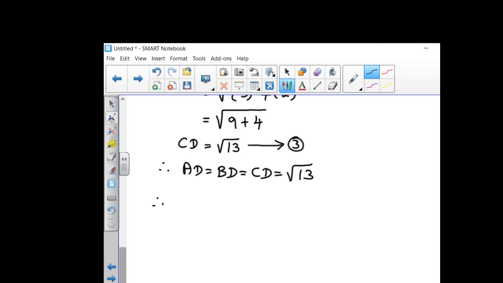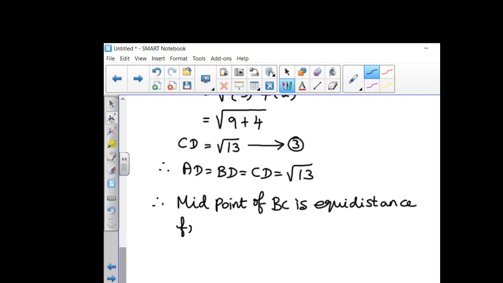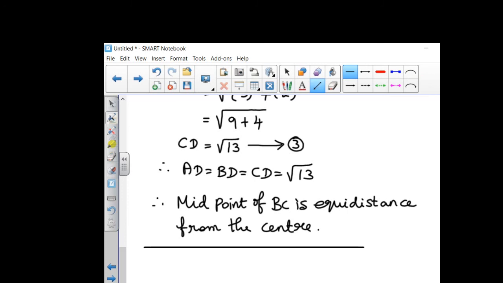So therefore we can write it: the midpoint of BC is equidistant from the vertices. Okay, that's all. So your exercise 5.3 is over. Okay, thank you students.